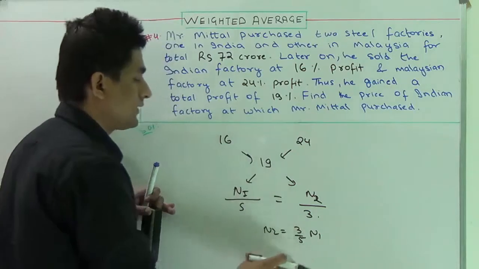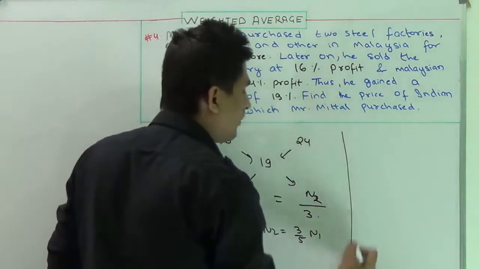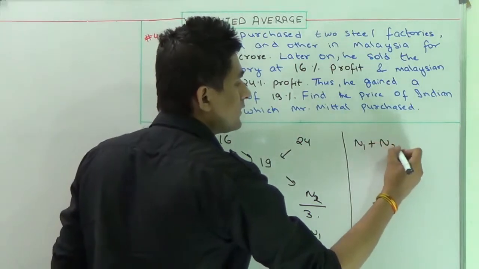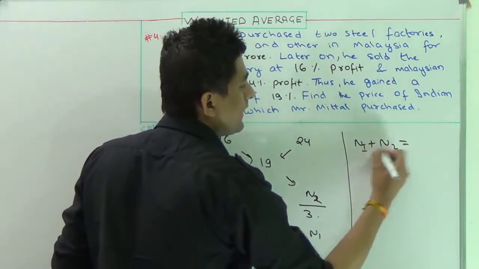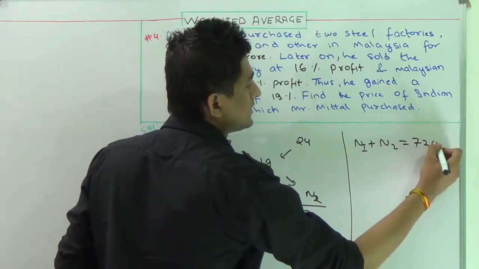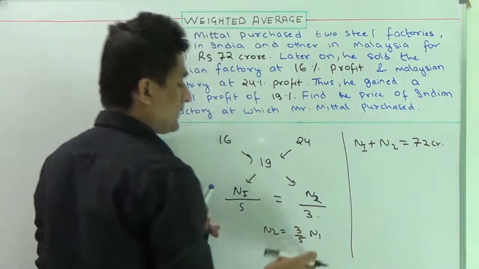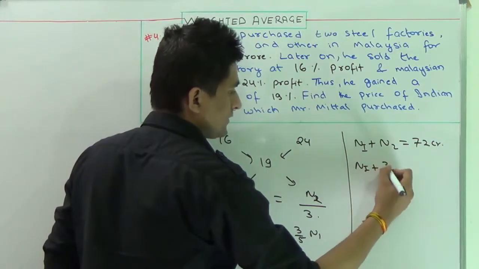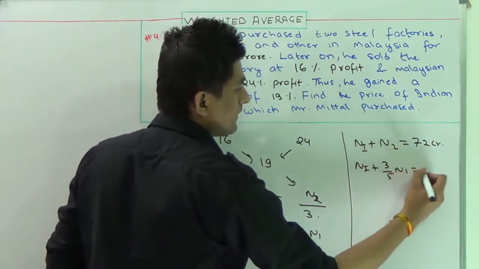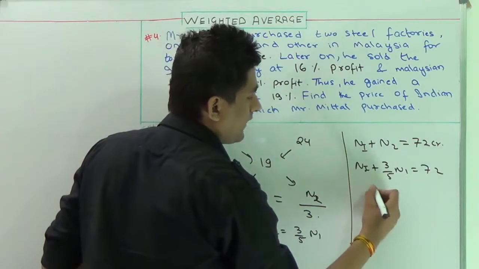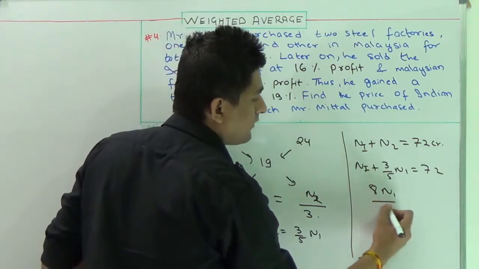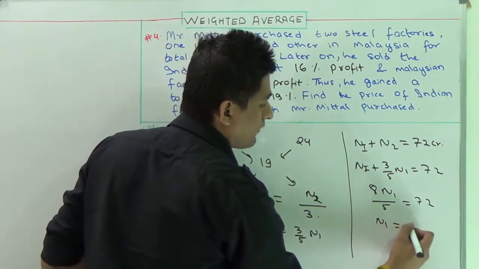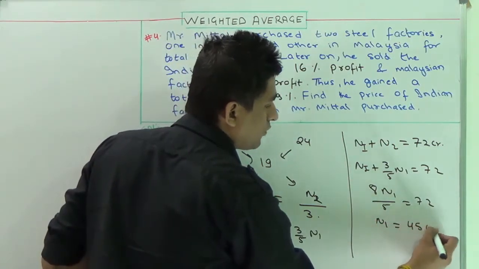I think till here it is clear to you. Now, it is given that the cost price of the Indian factory and the Malaysian factory together is 72 crore rupees. So I am just substituting the value of N2 here. After substitution it will be 8 times N1 by 5, equal to 72, and from here the value of N1 will come out to be 45 crore rupees.